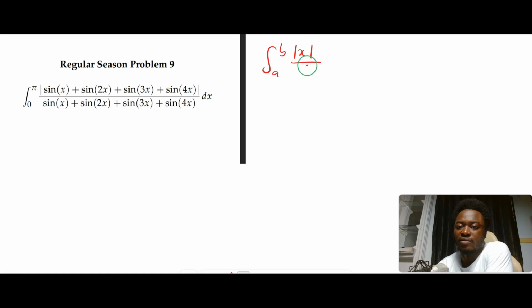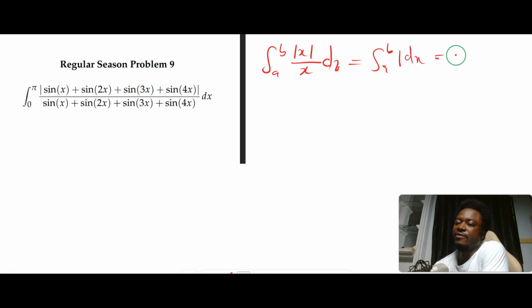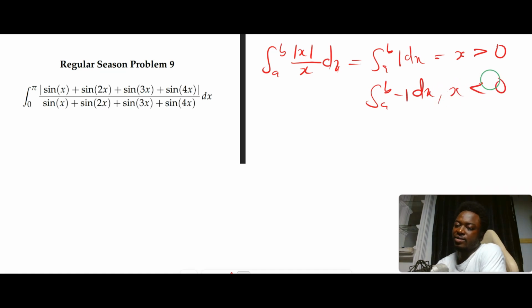It says we should find the integral from 0 to pi of sine x, sine 2x, sine 3x, sine 4x, and usually when you get the integral from a to b of the absolute value of x over x dx, this is basically a sign function, because this is going to equal the integral from a to b of 1 dx if x is positive, and the integral from a to b of negative 1 dx if x is less than 0, because of the absolute value definition.